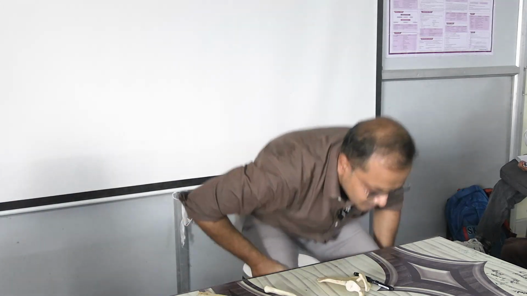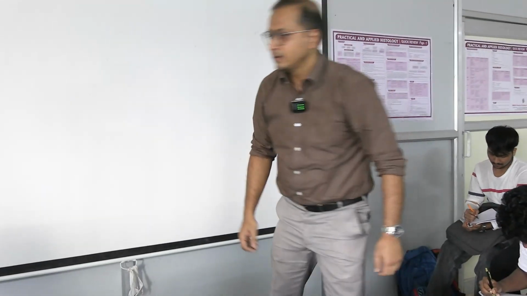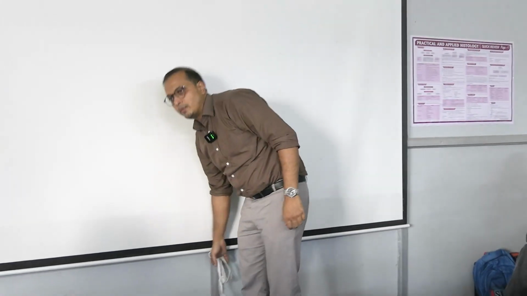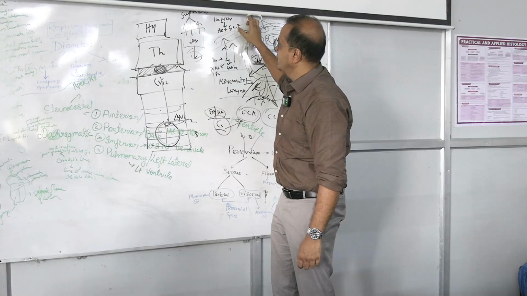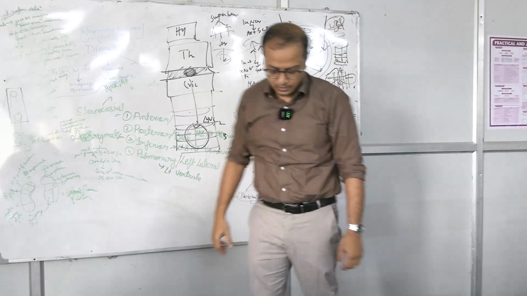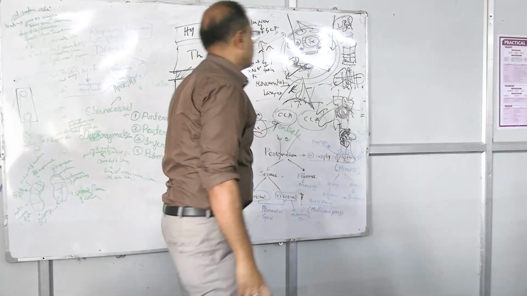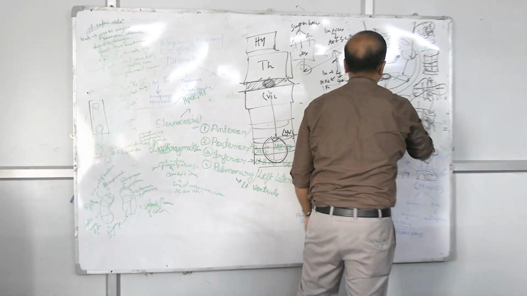The supraglenoid tuberosity gives attachment to the long head of biceps, and the infraglenoid tuberosity gives attachment to the long head of triceps. So we have two projections, the supraglenoid tuberosity, and the one below, the infraglenoid tuberosity.